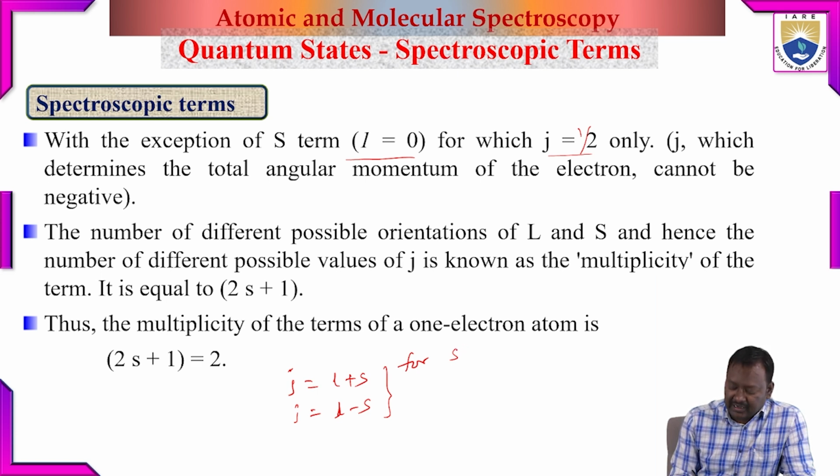L equal to 0 is called the S term, represented by S, and the J value should be 0 plus or 0 minus 1 by 2. Again, we must notice that there should be no negative values for total angular momentum.